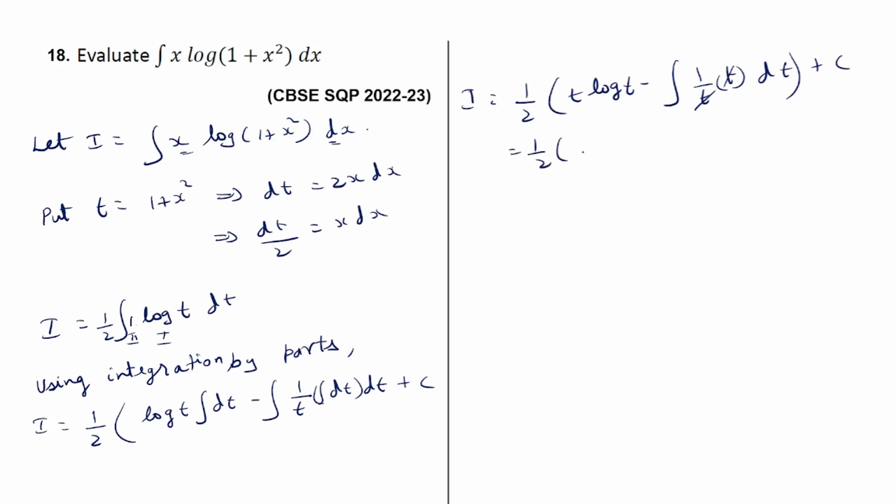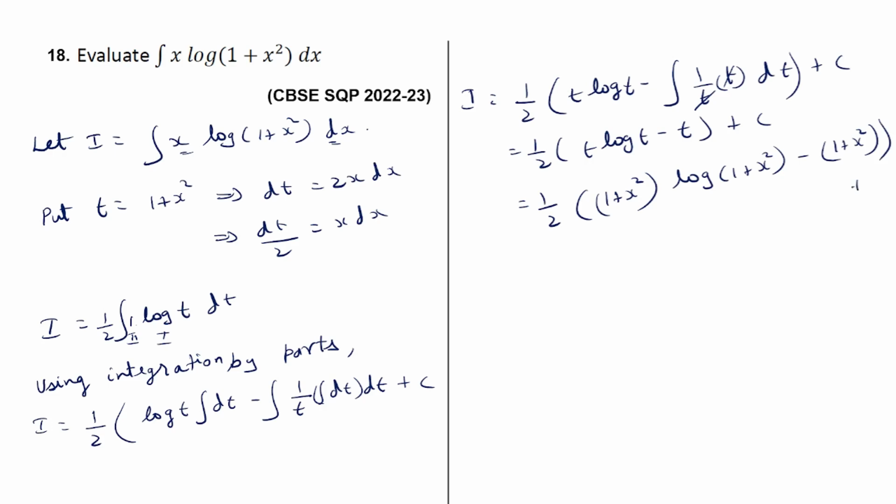So this is half of t log t minus integral dt is t plus c. T we have taken as 1 plus x square, that we can substitute here. So this is half of 1 plus x square into log 1 plus x square minus 1 plus x square plus c.